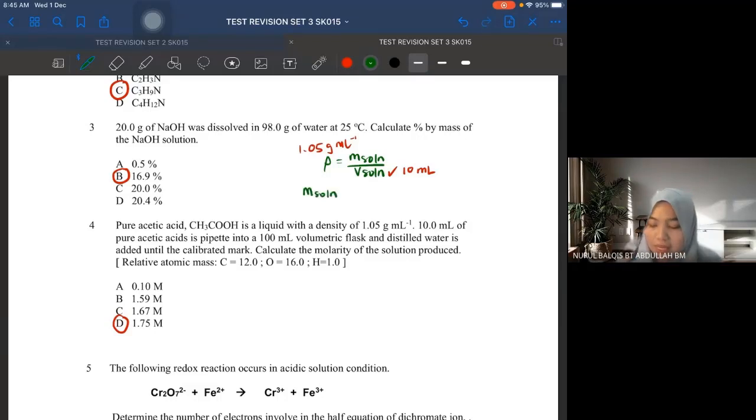Mass of solution awak 1.05 darab 10, you will get 10.5 gram.